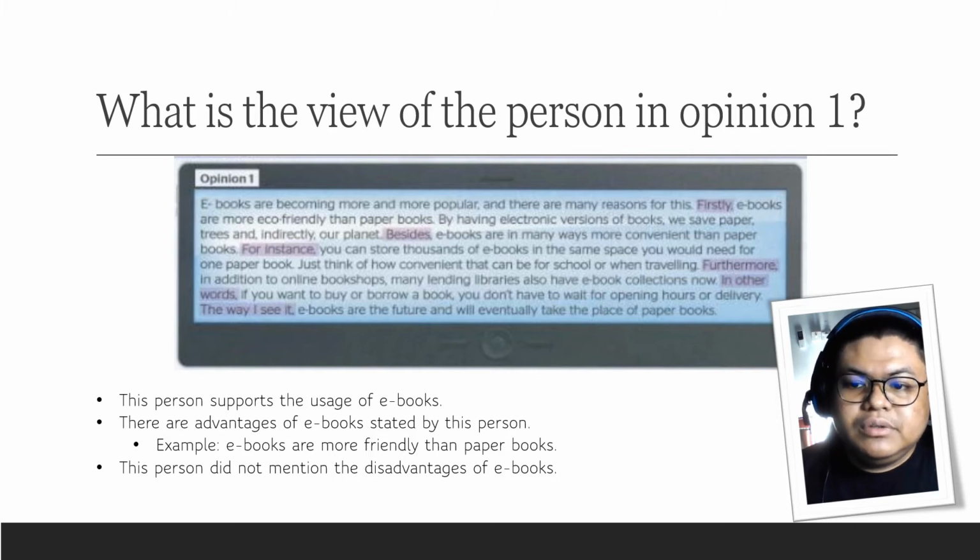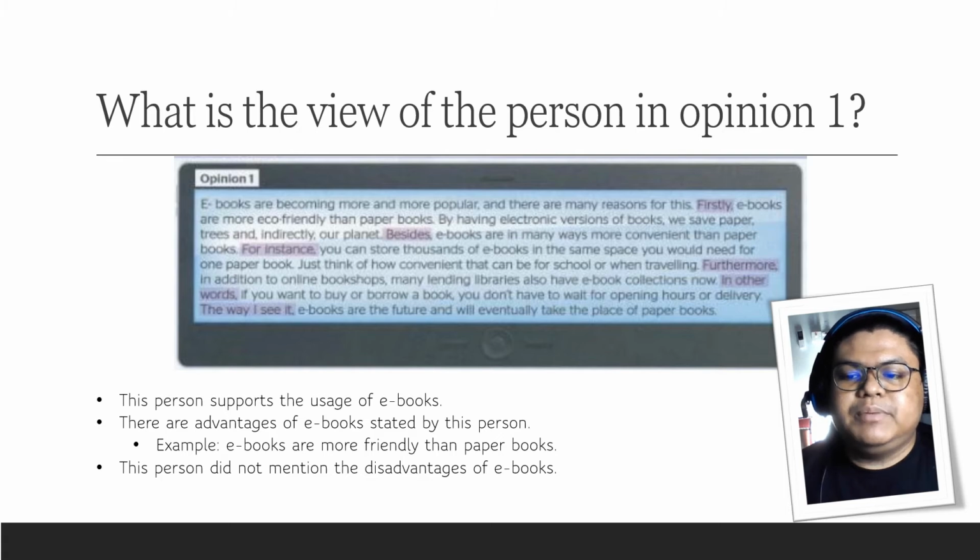And he also goes on to say that ebooks are in many ways more convenient. And you can store thousands of ebooks in the same place. Another advantage: online bookshops. Many libraries have ebook collections. So advantages after advantages after advantages.